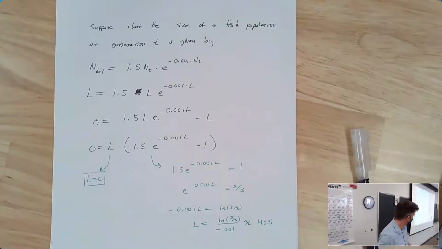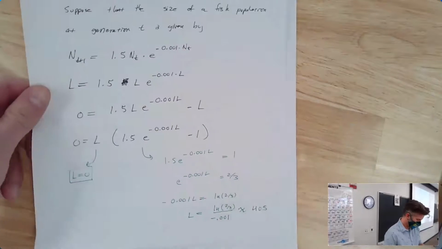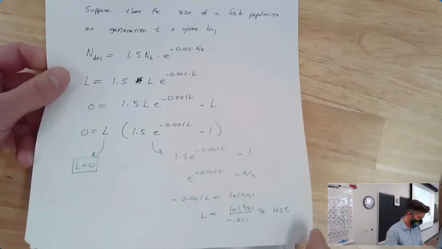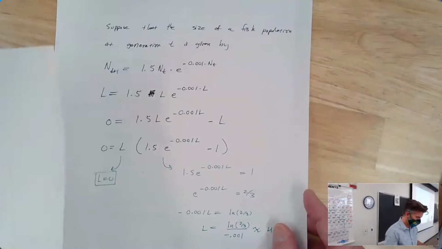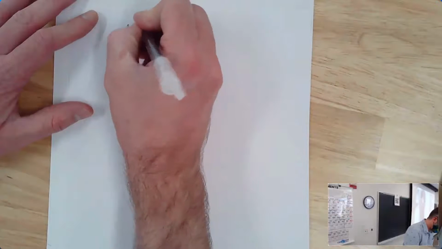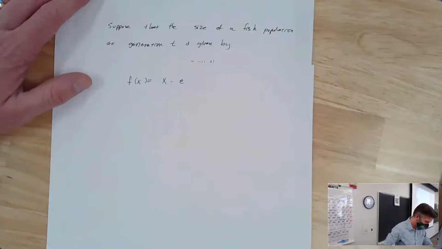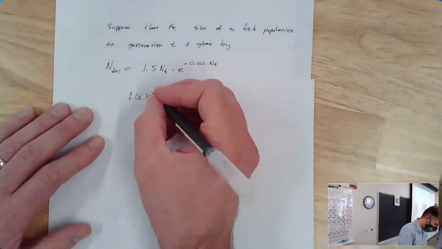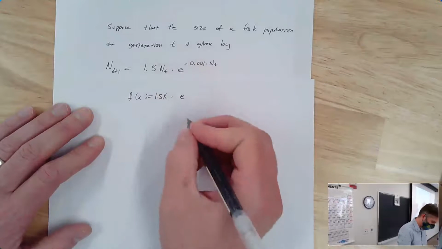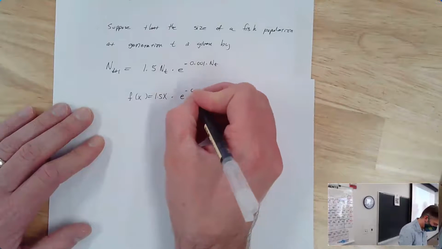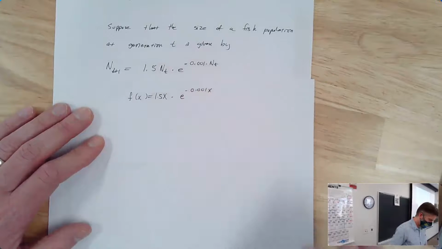Okay. Now we do the derivative and we see if our things are stable or unstable. So let's see. Here's our function up here. We see that f of x is x times e to the, oh, sorry, it's not that one actually, apologies. It's that one there. f of x equals 1.5 times x times e to the negative 0.001x.